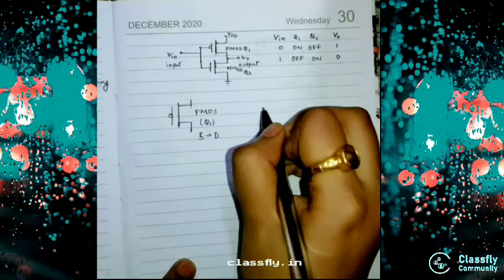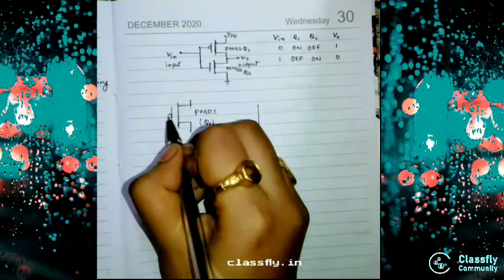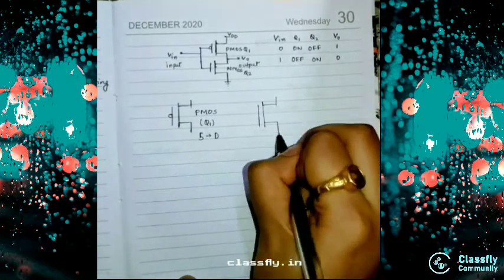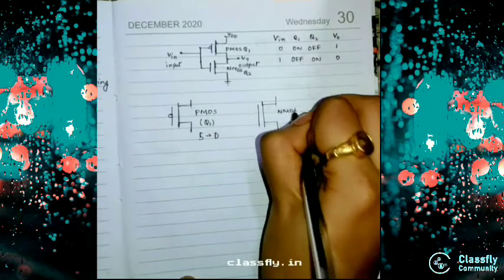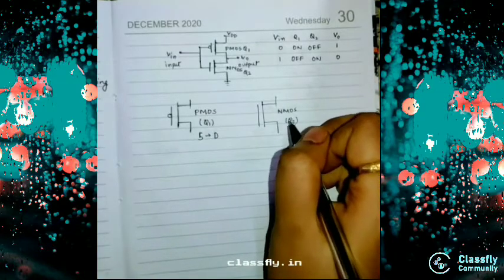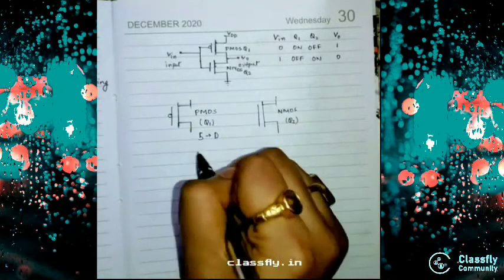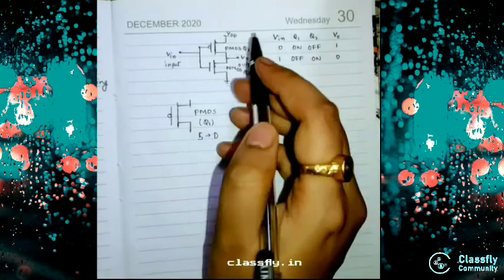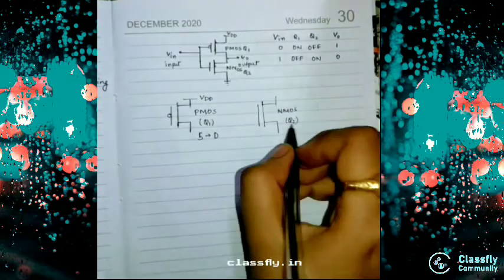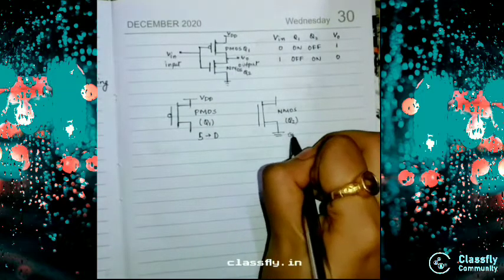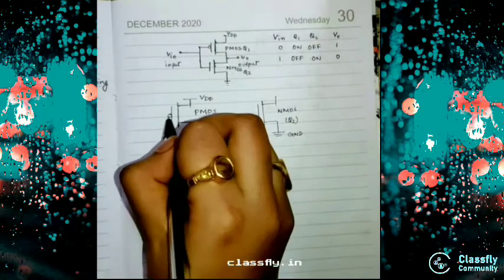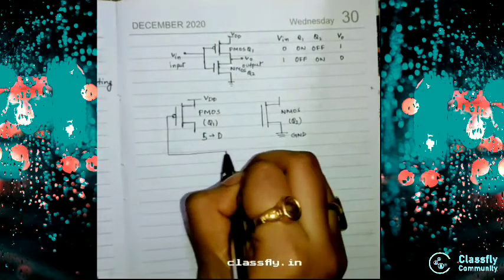Similarly, how will we identify the NMOS? The one which does not have the bubble in front of the plate is your NMOS. Here we are representing the NMOS as Q2. The specialty of this circuit is that the PMOS will be connected to VDD, that means high, and the NMOS will be connected to ground, that means low, and both of their inputs have been short circuited.